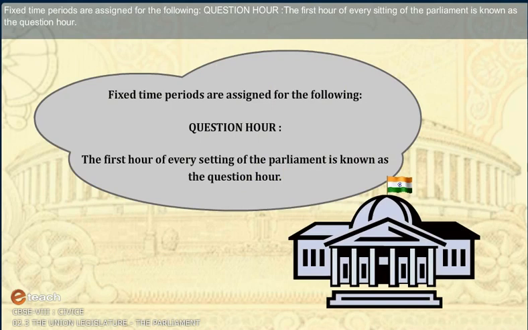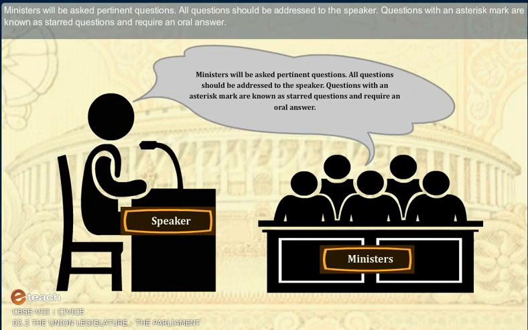Question hour. The first hour of every sitting of the Parliament is known as the question hour. Ministers will be asked pertinent questions. All questions should be addressed to the Speaker. Questions with an asterisk mark are known as starred questions and require an oral answer.